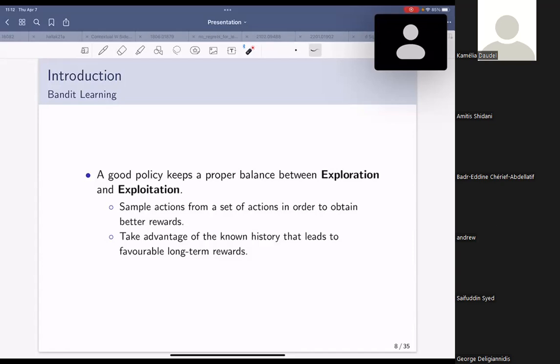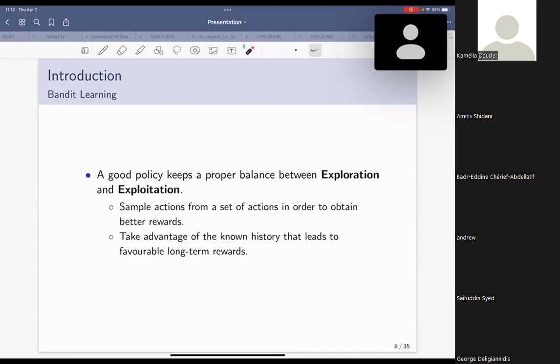Exploration is when the agent has to explore through the whole action set. Because if we just stick to a subset of the action set, there's a positive chance that we lose the optimal action. So we never converge to the optimal action. So we have to explore through the whole set in order to find better rewards, better actions.